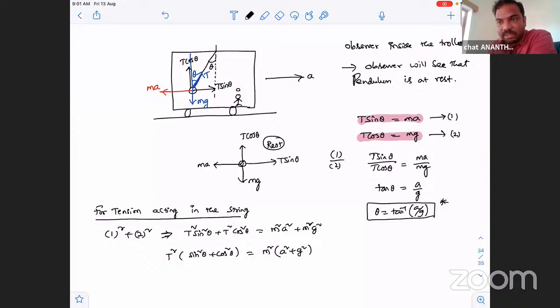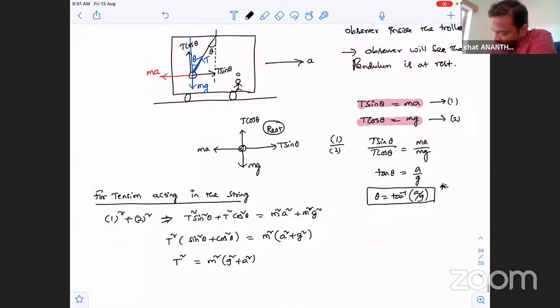Then sin square theta plus cos square theta is 1. So T square is equal to m square into g square plus a square. Then T is m into under root g square plus a square.